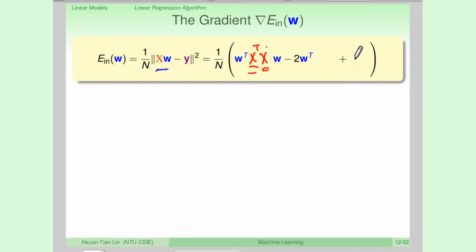And there's a last term, y transpose y, that's a square term expanded here. And there are other terms, the cross term between those two. If we write this down, we will have X transpose y as the coefficient of the middle term. Again, that's just linear algebra that you should have learned before this class.